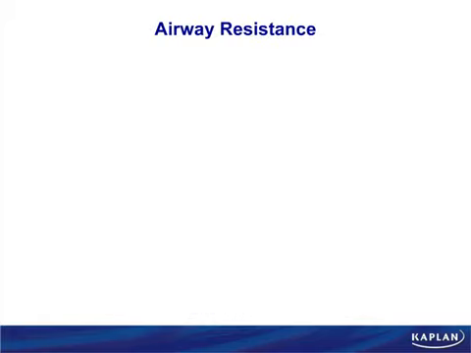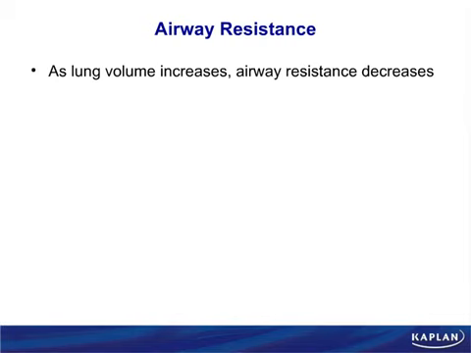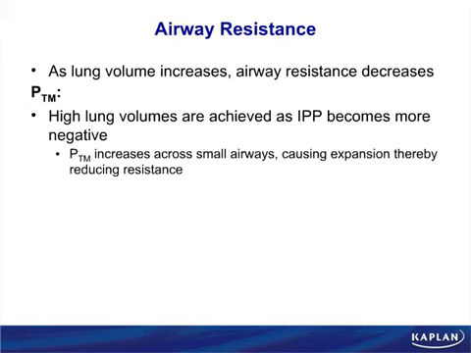Two things provide the mechanism for why, as lung volume goes up, airway resistance goes down. The first is the transmural pressure gradient. Remember that in order to get to high lung volumes, interpleural pressure becomes more and more negative.